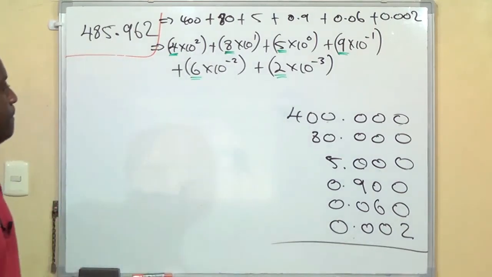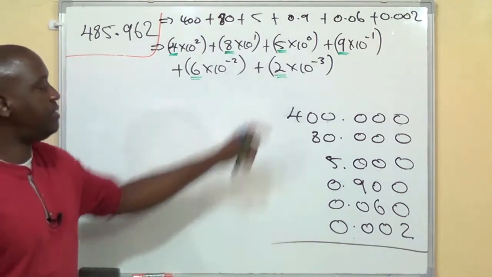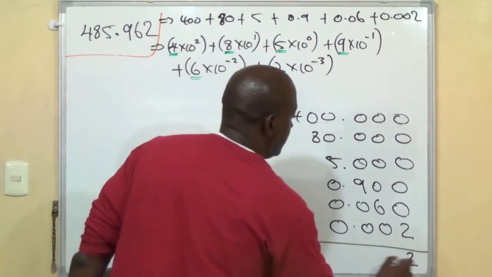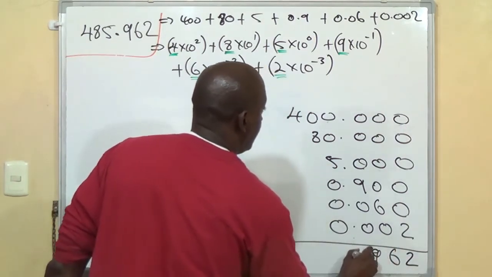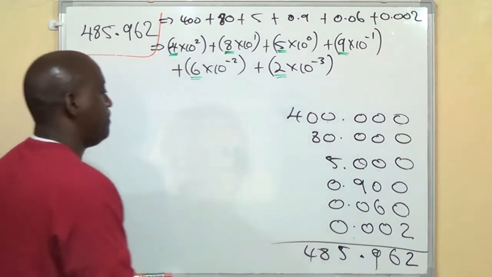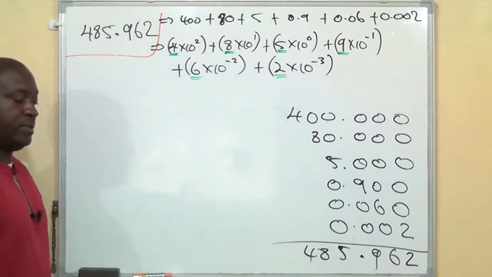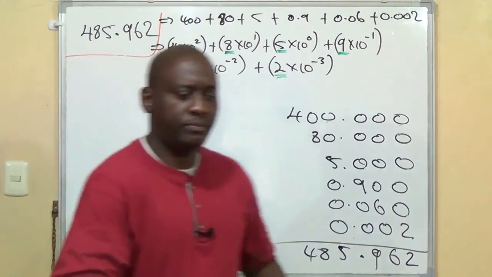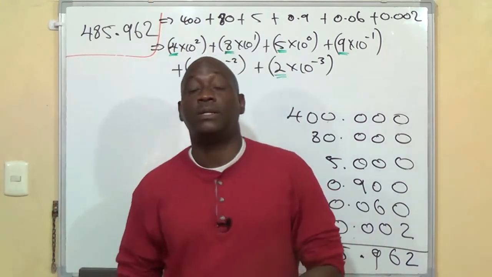Alright? This is the breakdown of this. And then you add it up. You get the 2 here, the 6 here, the 9 here, the point here, the 5 here, the 8 here, and the 4 here.